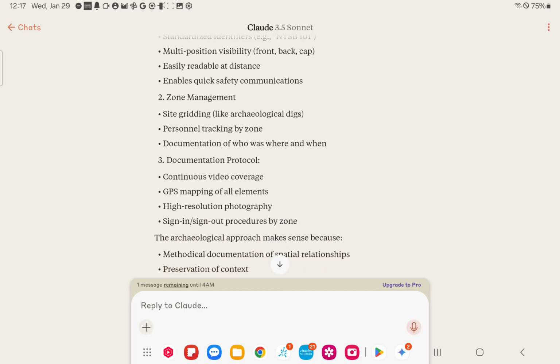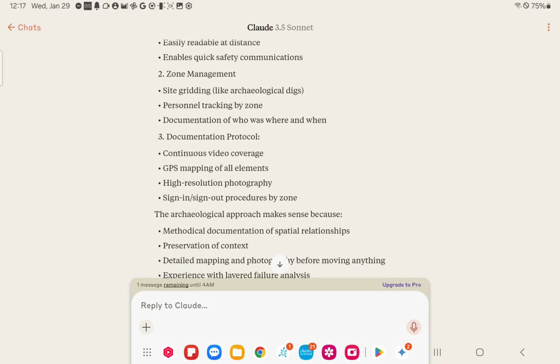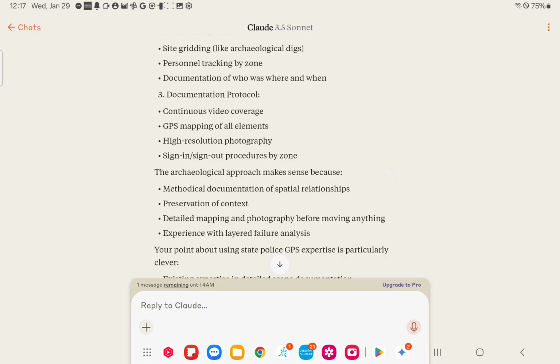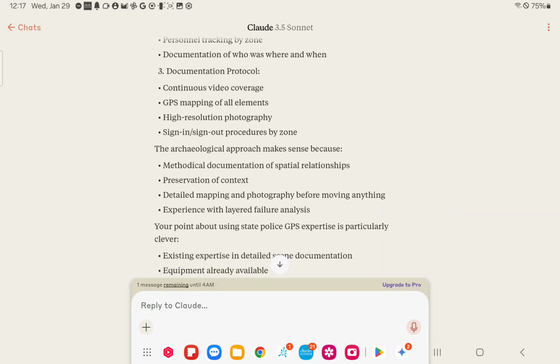Zone management: site gridding like archaeological digs, personal tracking by zone, documentation of who was where and when. Documentation protocol: continuous video coverage, GPS mapping of all elements, high resolution photography, sign in, sign out procedures by zone.